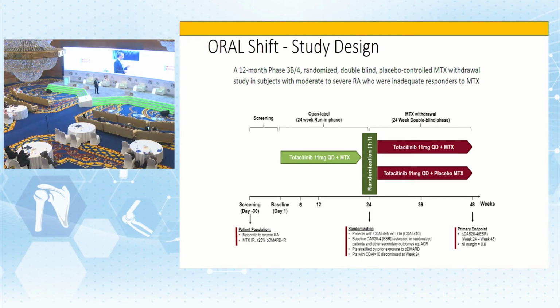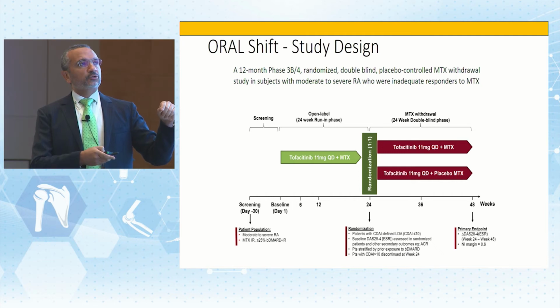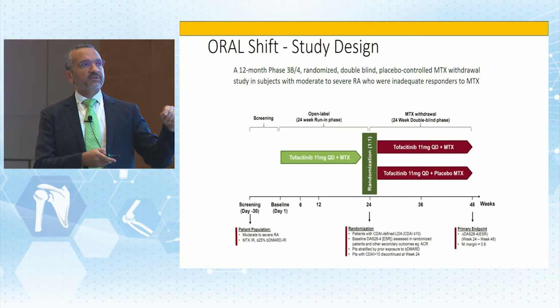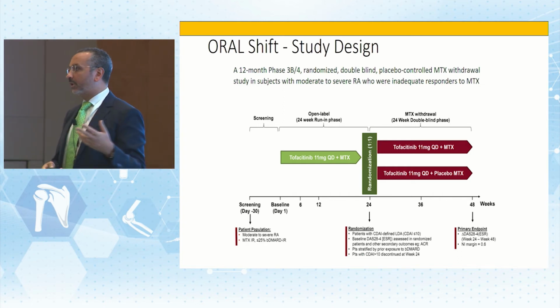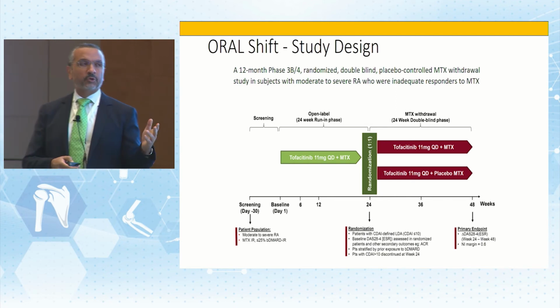But this study is unique. Why? Because they have evaluated patients on low disease activity after they have achieved it with tofacitinib and methotrexate. And then they did randomization to tofacitinib and methotrexate compared to tofacitinib alone with placebo. And the outcome measure was non-inferiority margin of 0.6.